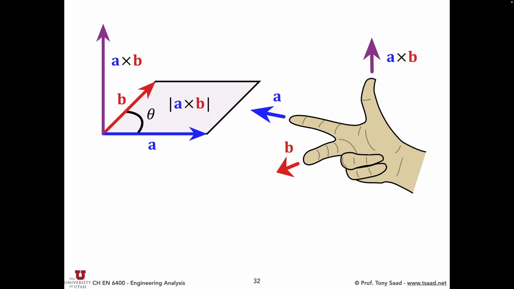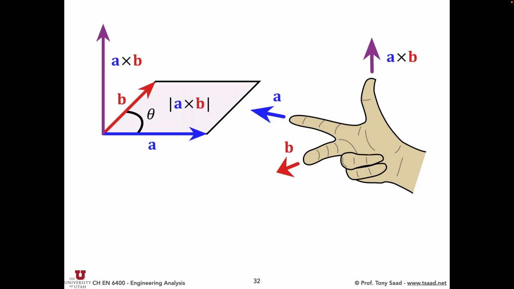If I did B cross A, I have to use my right hand. I have to start at B and then curl to A, and then it's going to be inwards. So A cross B is not equal to B cross A. It's going to be the opposite of that.